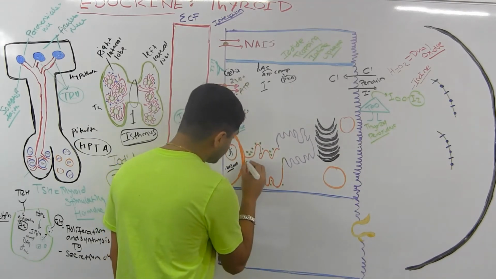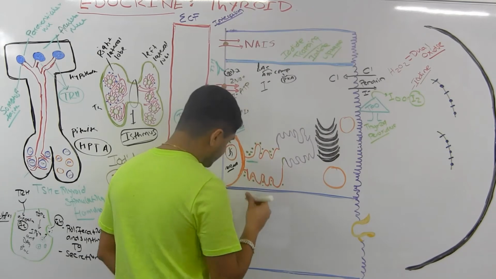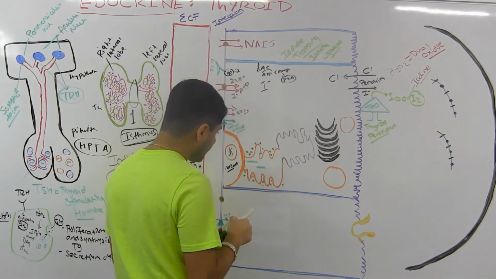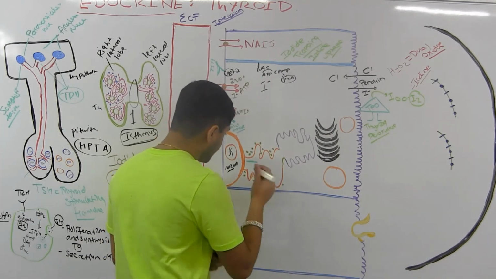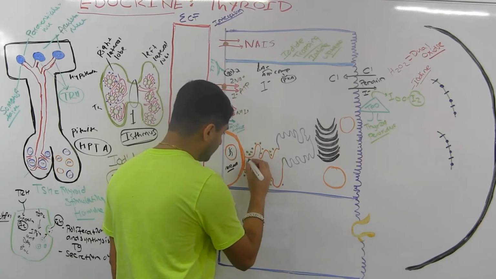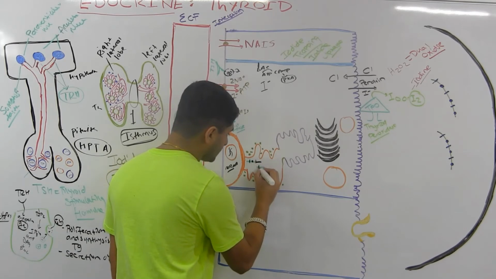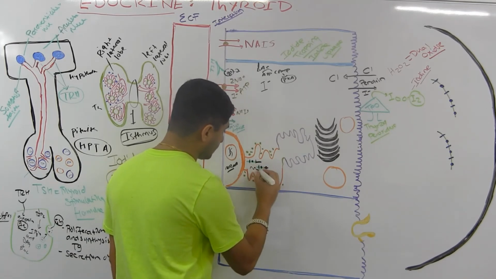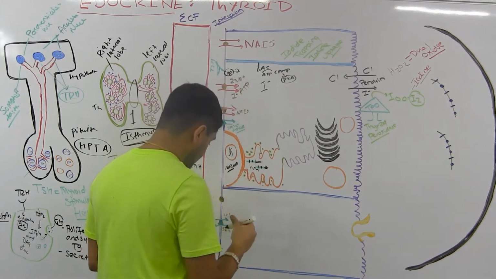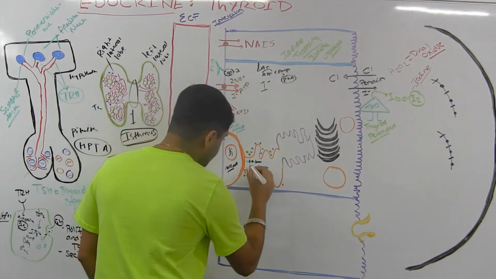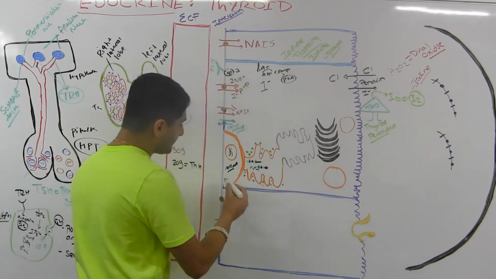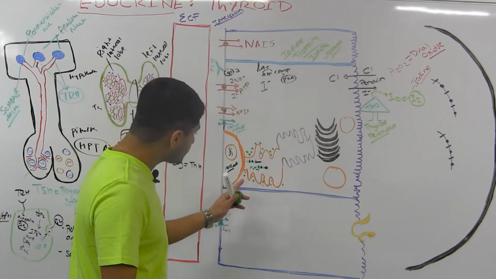Let's say this is a protein here, and one more here, and this is a gene to synthesize your thyroglobulin. We're just making a couple of things like this. Anyways, basically this is a gene to synthesize thyroglobulin.